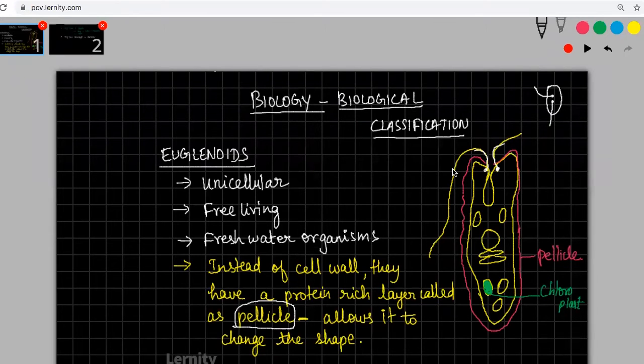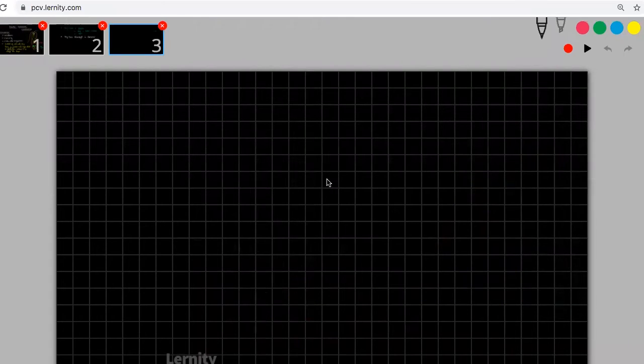Children, you are asking questions like this: are they prokaryotic cells or eukaryotic cells? I have told you many times that in biological classification, we are trying to study 5 kingdoms. The first kingdom was Monera. We have studied about it already. The second kingdom is Protista.